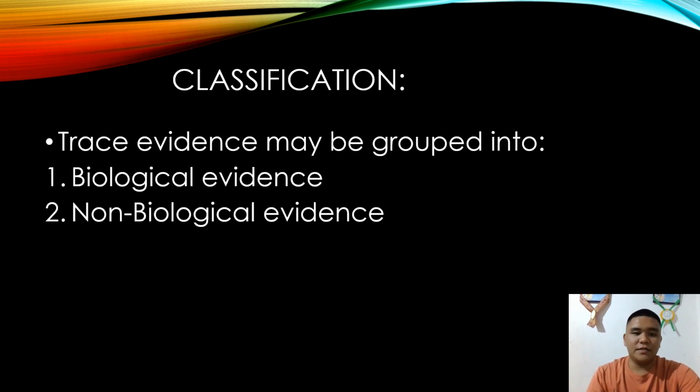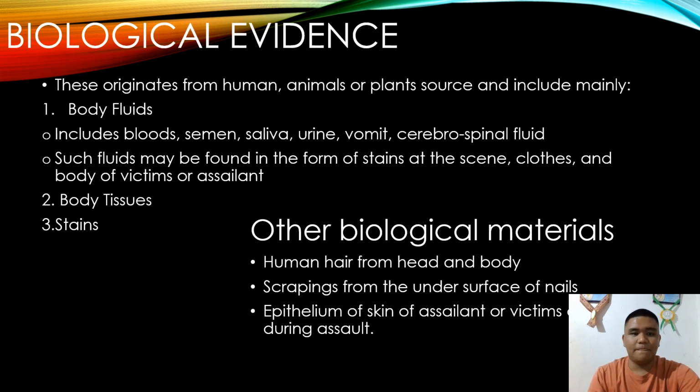Classification. Trace evidence may be grouped into two: biological evidence and non-biological evidence. Biological evidence originates from human, animal, or plant source and includes mainly: 1.